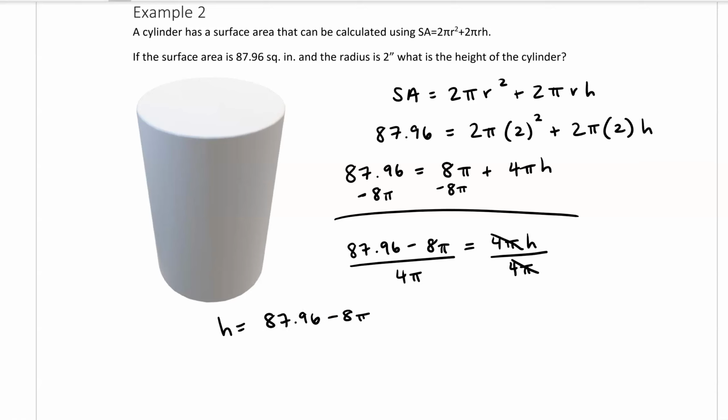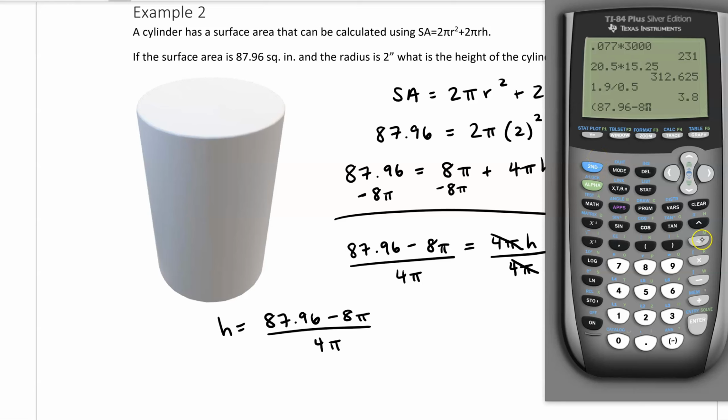Let's throw that into our calculator. So my numerator is 87.96 minus 8. And if you don't know where the pi button is, you want to hit second, and then it's on the exponent symbol. So I push that, and that will give me pi. And then I want to close the parentheses, divided by 4 pi.